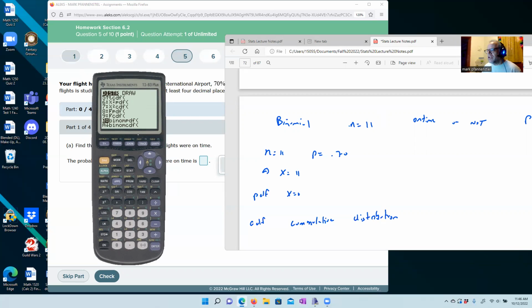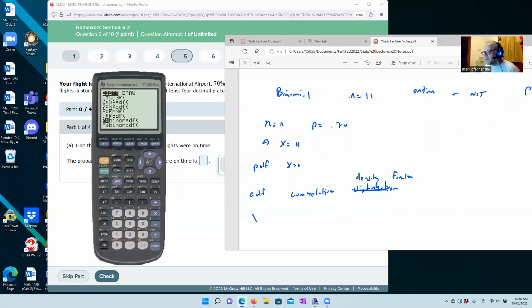The CDF automatically goes from x equals 0 and adds up x equals 1 plus x equals 2 plus x equals 3. We want the probabilities for all of these up until we get to the answer we actually want. The probability density function is for just that number.